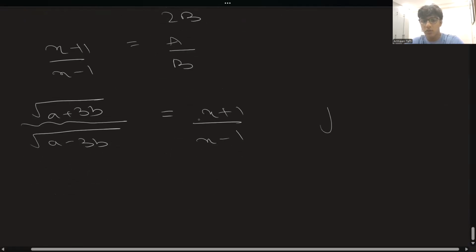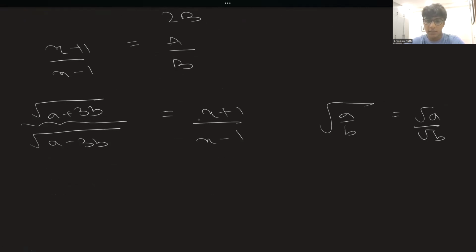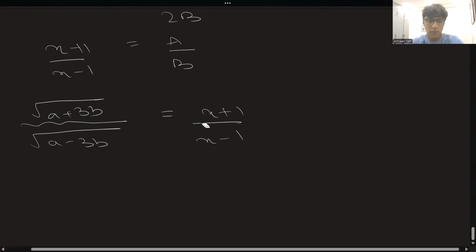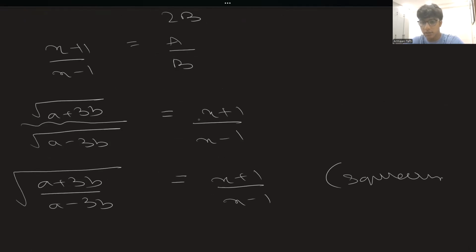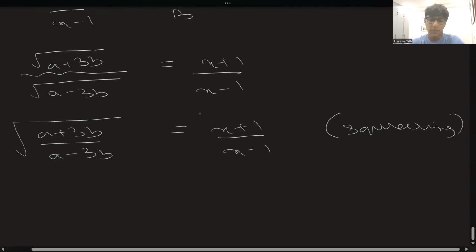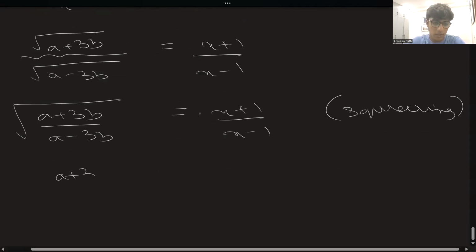So once again, under root, root of a by b equals root a by root b. So we can write this entire thing as a full common under root. So that's root of a plus 3b by a minus 3b equals x plus 1 by x minus 1. Now we're squaring both sides and we get a plus 3b by a minus 3b equals x plus 1 by x minus 1 whole squared.